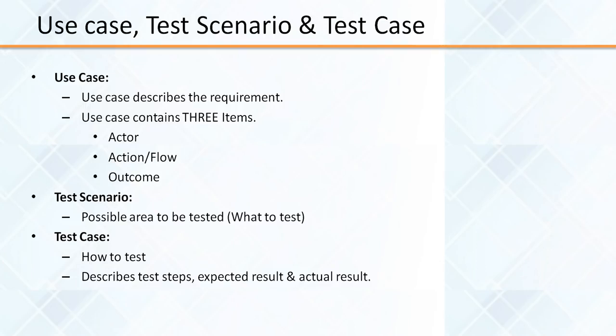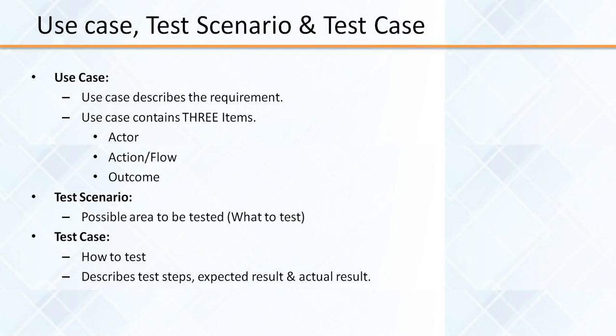Sometimes the documents can be different. Some documents have only text, some have only pictures, and some have only data flow diagrams and interrelationship diagrams. Different formats exist, and each company varies. But a use case is a small picture which gives you a clear flow of the functionality.